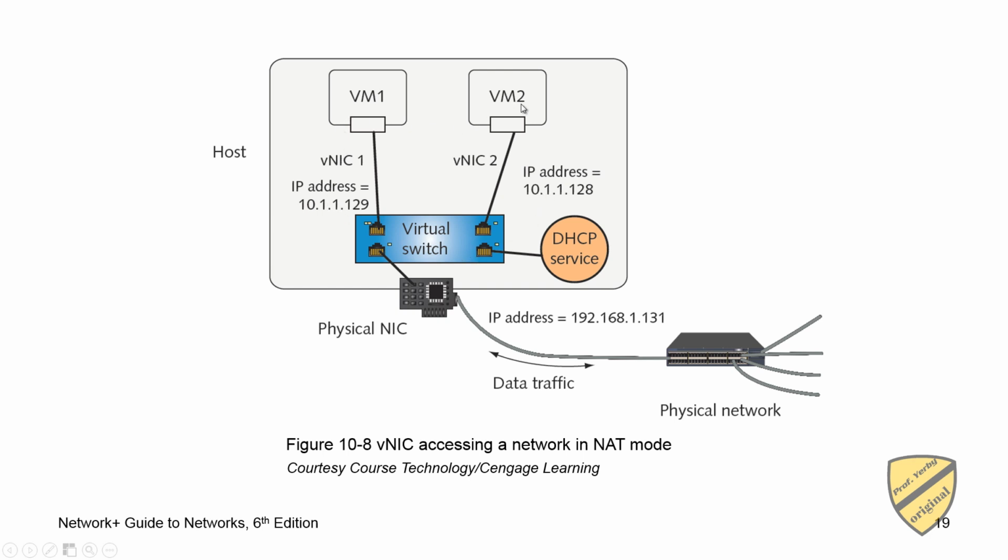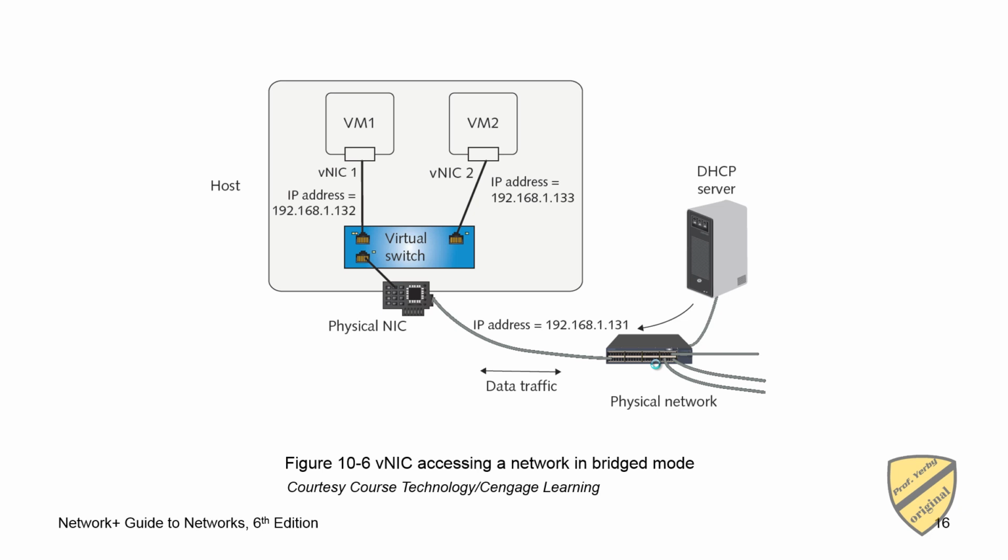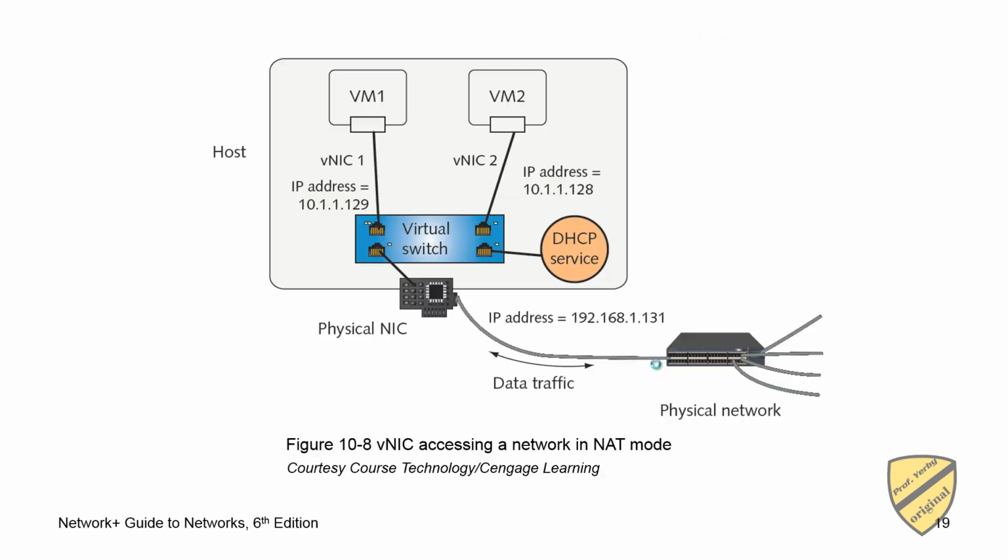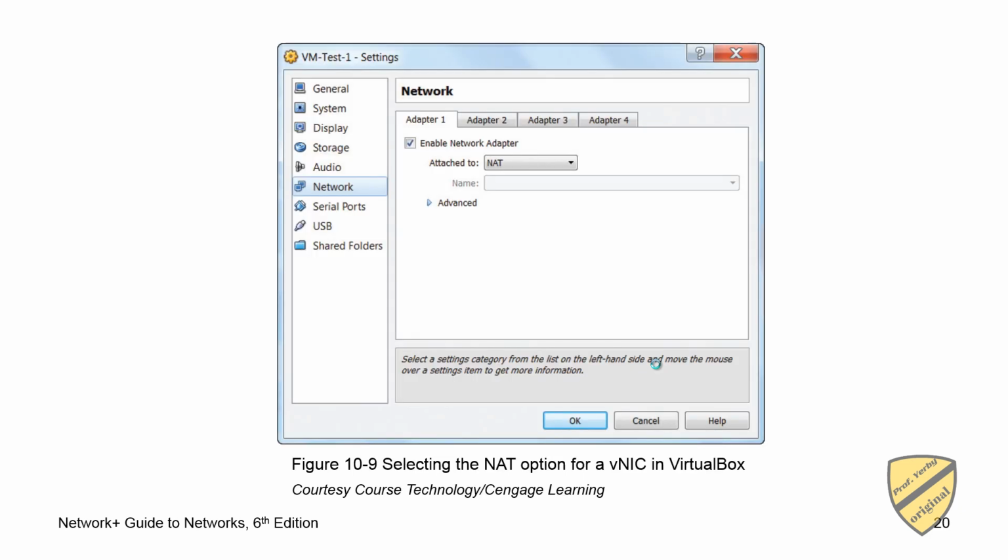So these guys cannot communicate with the other physical devices on the network. I want to contrast those. So NAT looks like this, and bridged looks like this. And this is what NAT would look like in the settings.